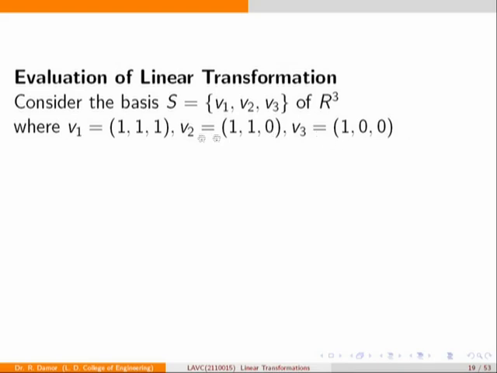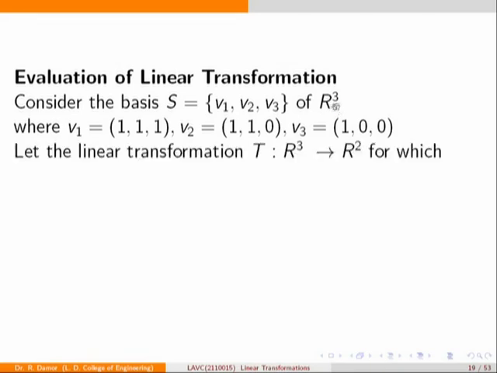I have to define the transformation T from R3 to R2, but I don't know the transformation. So you have to evaluate it using the images of the vectors v1, v2, v3. We know that T is a linear transformation.